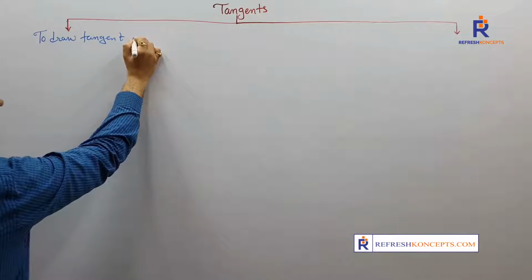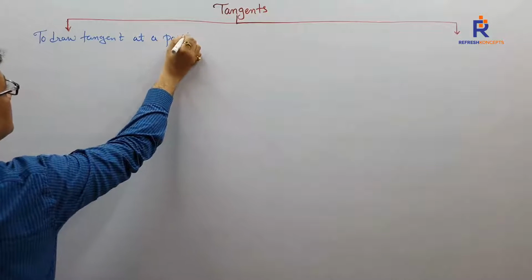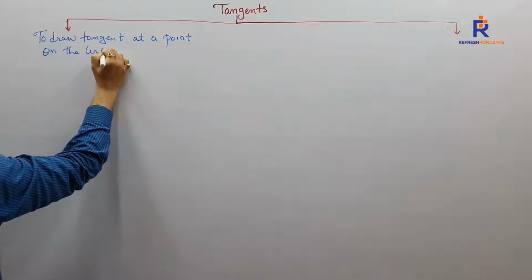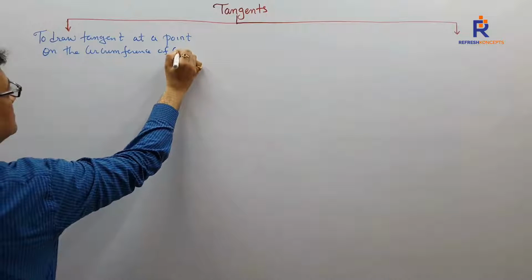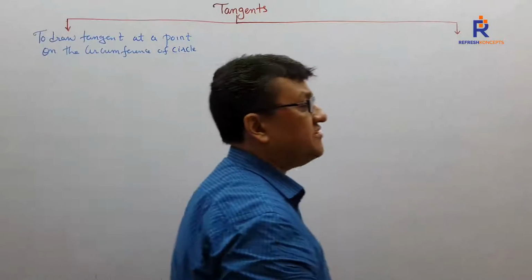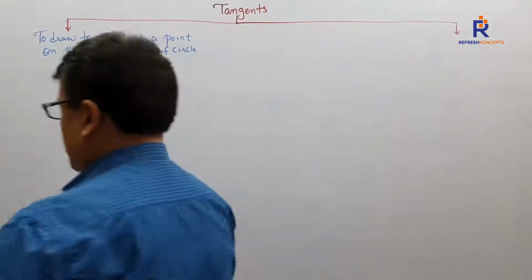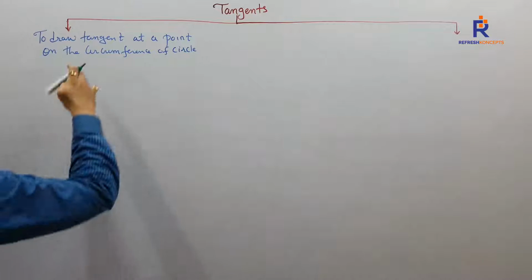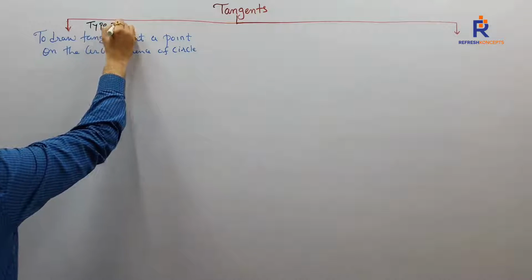To draw a tangent at a point on the circumference of a circle. In my purview, this is nothing but type 1. Let me make use of different markers so that you can understand. This is nothing but my type 1 sum.